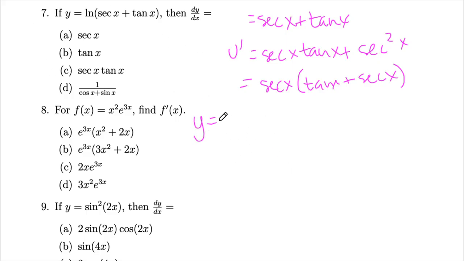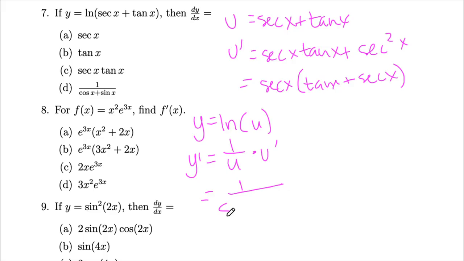Okay, so now let's rewrite y in terms of u. So we're going to get y equals natural log of u. And now let's take the derivative of that to get 1 over u times u prime using the chain rule. Okay, now let's plug back into y prime and simplify. So 1 over u is just secant x plus tangent x.